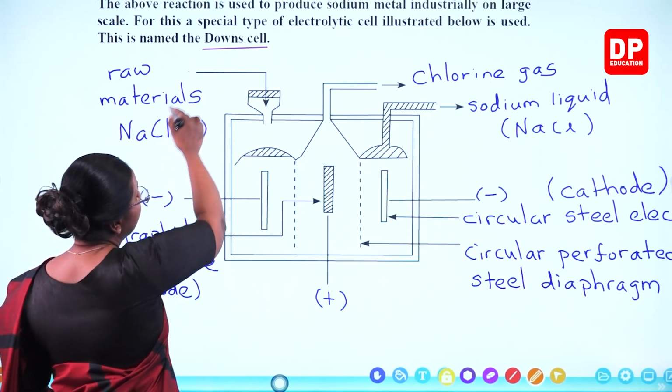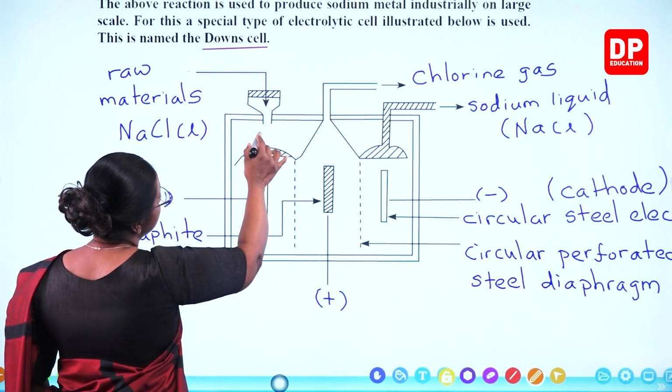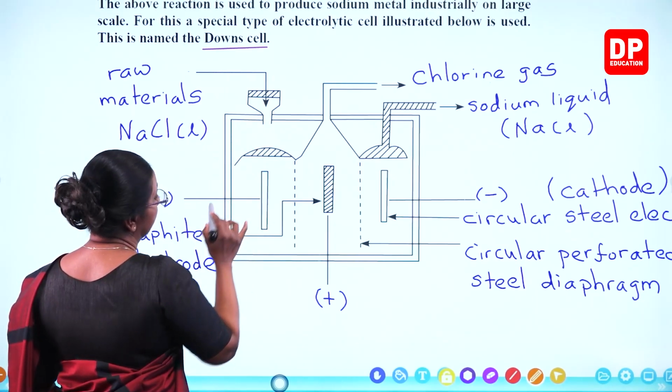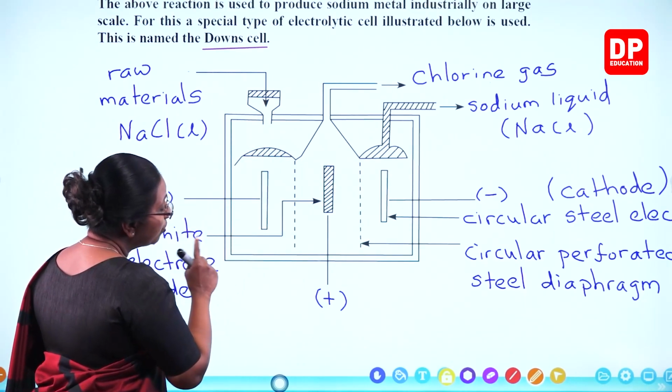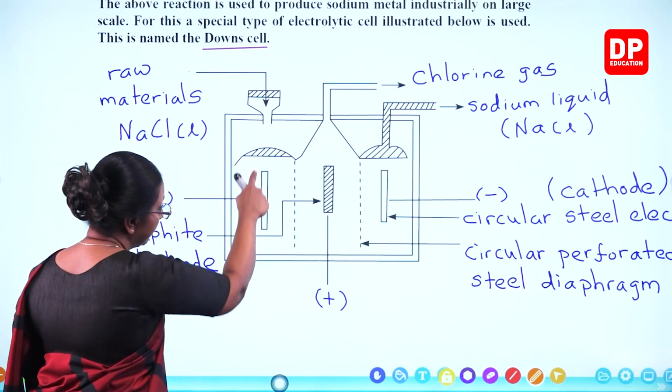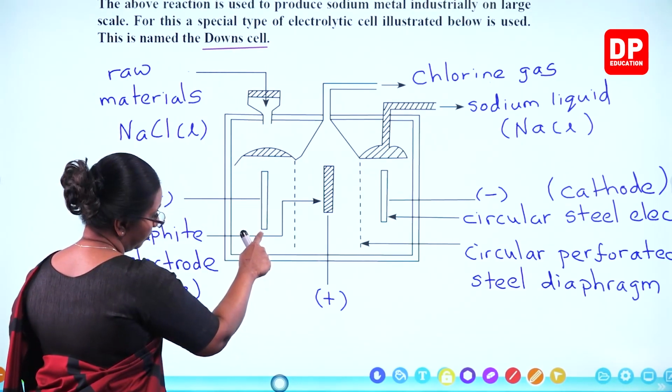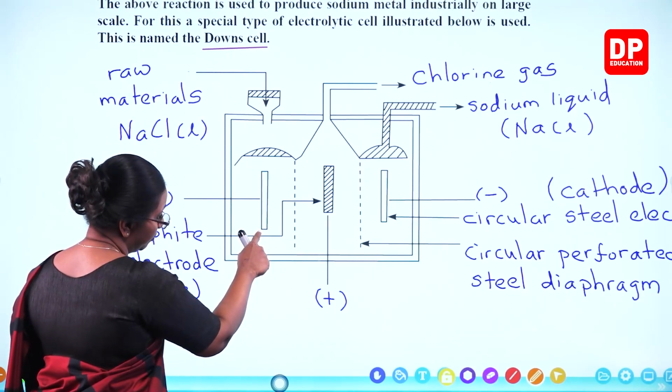So the raw material is introduced through this inlet. It will come into the cell, and from there, the sodium ions will migrate towards the cathode, where they get reduced.